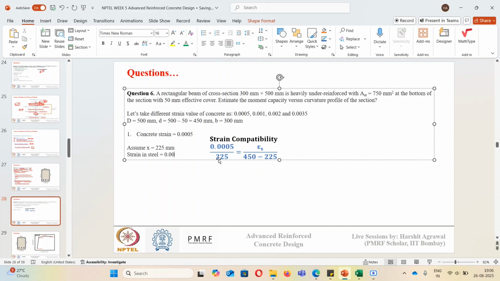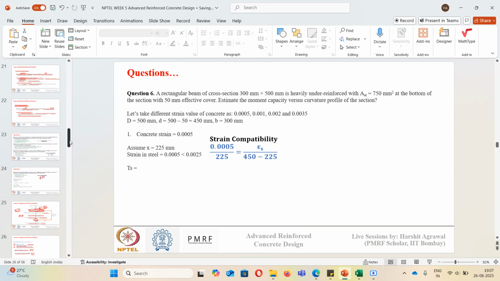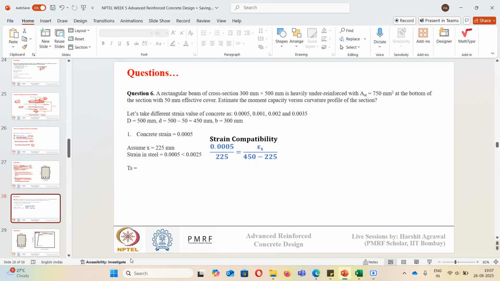So strain in steel is 0.0005. Now this is very small compared to the yield strain of steel, so this means that steel has not yielded yet. So what will be the tensile strength of steel? We need to calculate it from the linear profile. We have already assumed that steel follows elastic-plastic behavior.